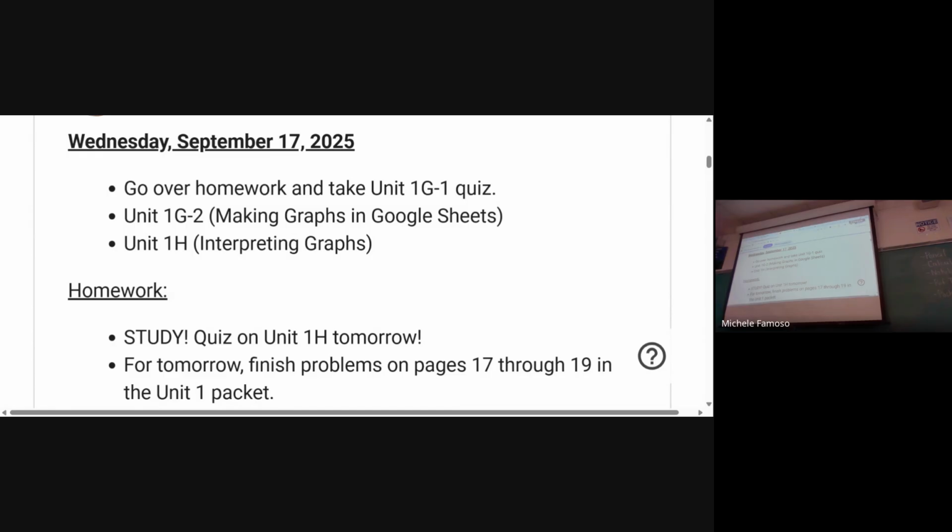Doing this in Google Sheets is not something you would be tested on a Regents exam or even on a unit exam, because none of our tests are digital in format. Thank God. I can't imagine if we gave our test on a computer how that would go. Having to type equations and do, no. So I'm teaching you how to do it with the technology we have, because we're going to use the technology in labs that we do, but also because once you leave high school, you go to college or you have a job, you're going to be doing all kinds of graph stuff electronically.